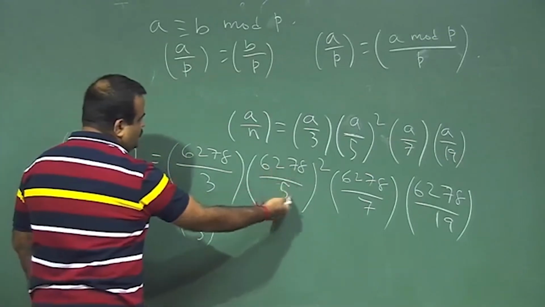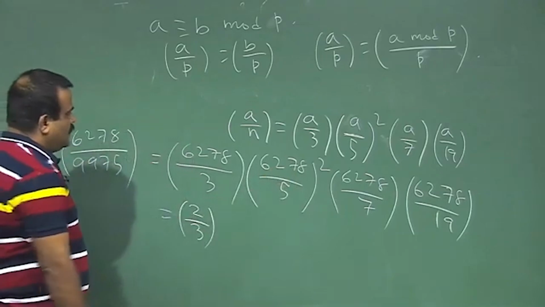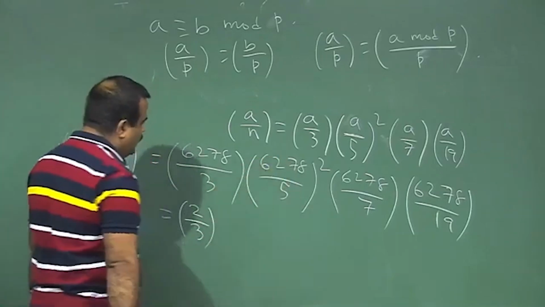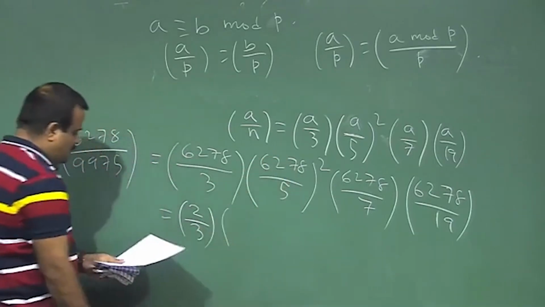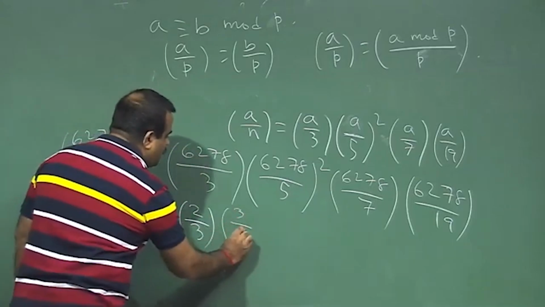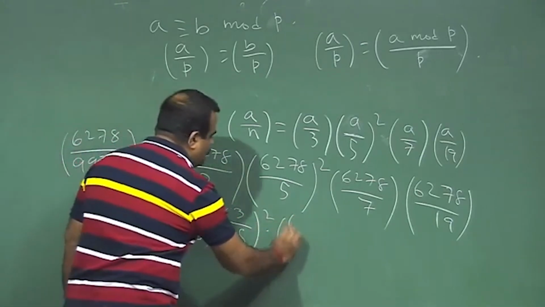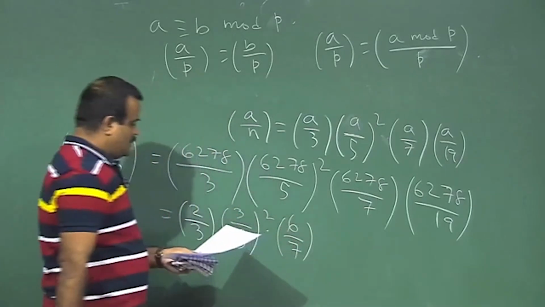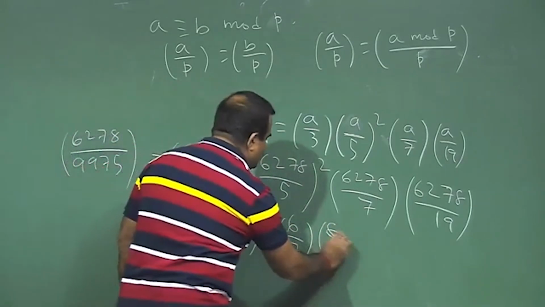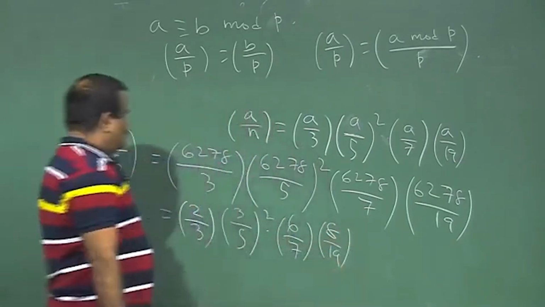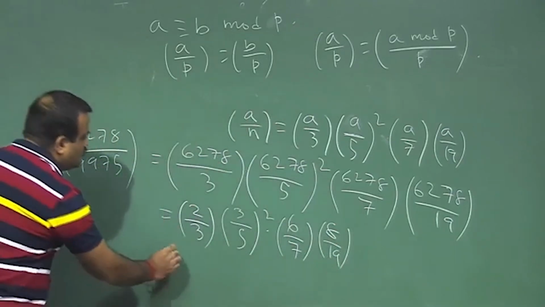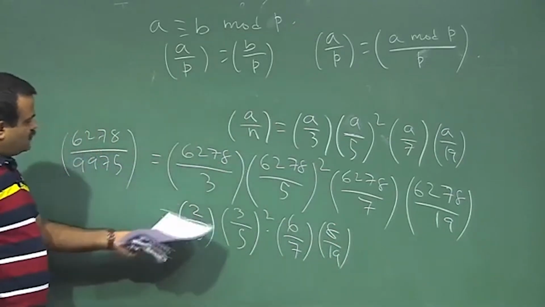If we divide this by 5, the remainder will be 3, so 3 by 5 square into, this also can be verified, 6 by 7 into 8 by 19. Now 2 by 3 we know the formula.